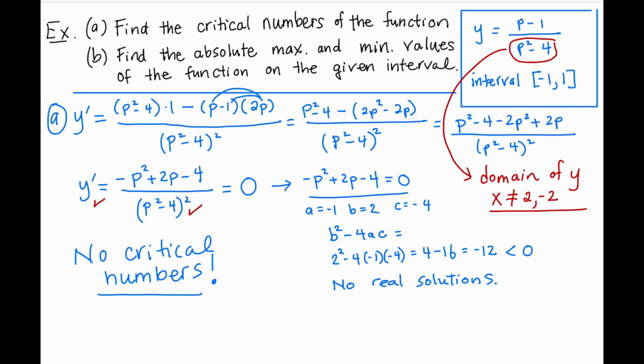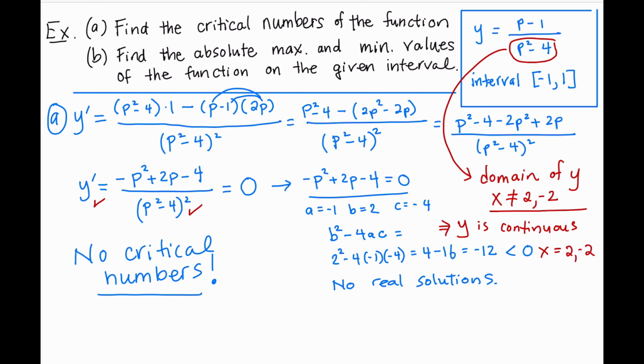The second question is, can we find the absolute maximum and minimum values of the function on the given interval? Notice that this is a closed interval, and since the domain of this function is all real numbers excluding 2 and -2, from section 2.5 we know that this function is continuous on all real numbers except for 2 and -2.